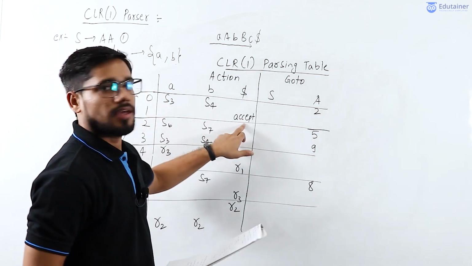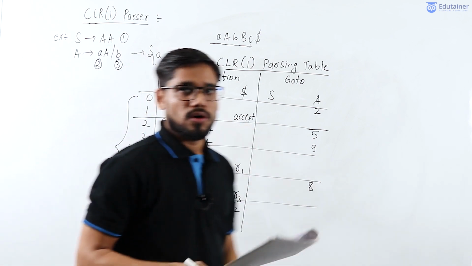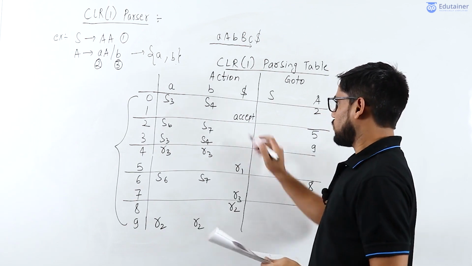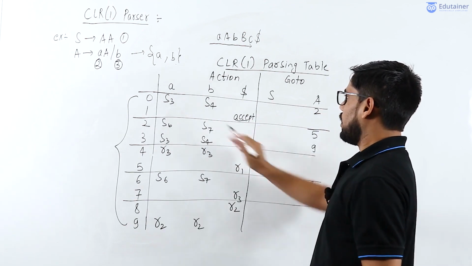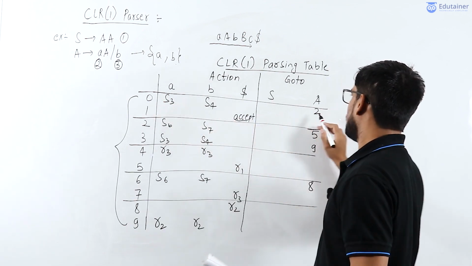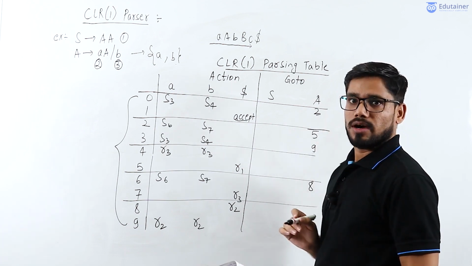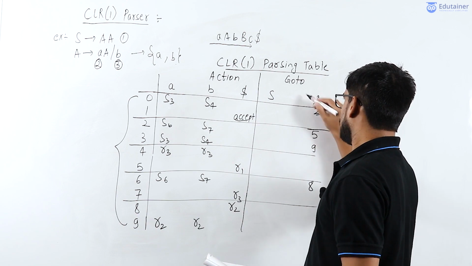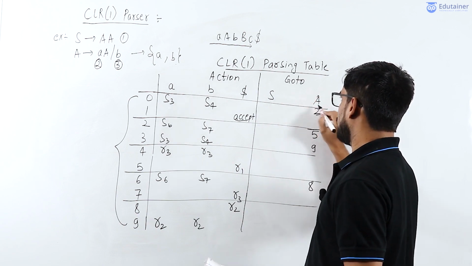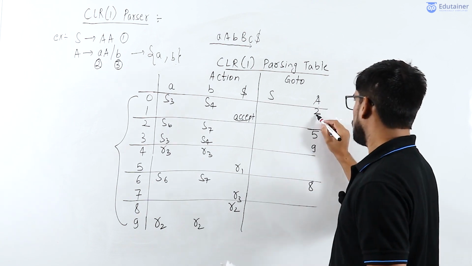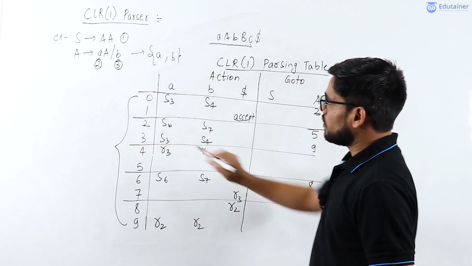State number 1 is the accepting state because every input ends with dollar. Okay, that's why it is the accepting state. And state number 0 on capital A goes to state number 2, I2. Okay, and whenever you take a transition on a variable, it is nothing but the go to move. So it is go to state number 2.